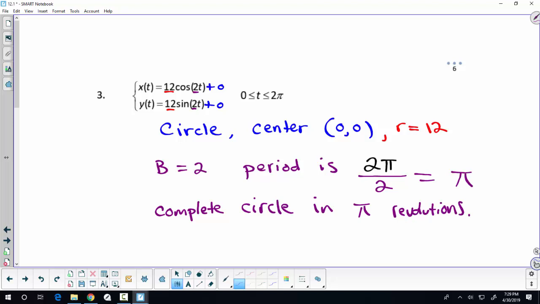We have to look at t though. t ranges from 0 to 2 pi. So when t goes from 0 to pi, we have one circle, and then from pi to 2 pi is another circle. So we actually get 2 circles here.